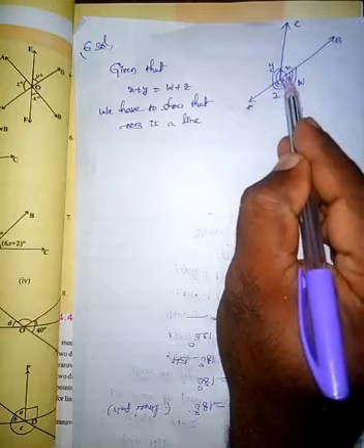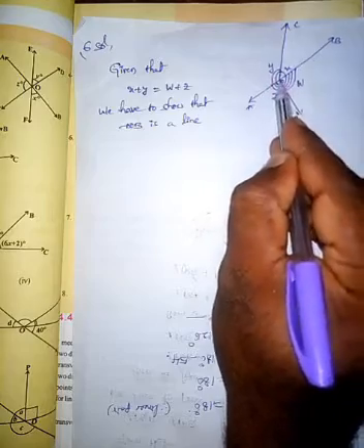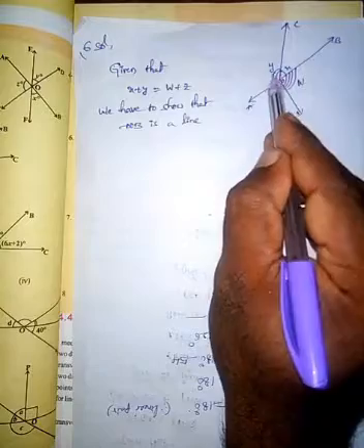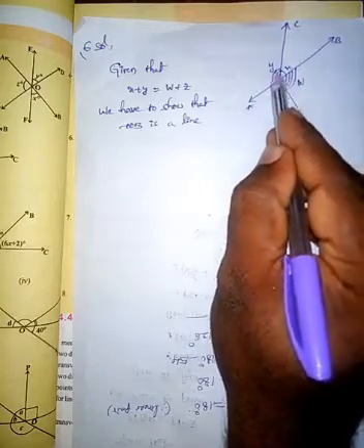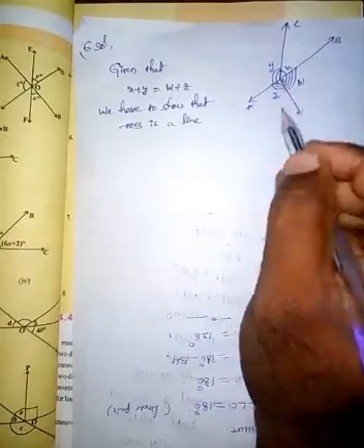Children, if you observe this, here there is a point O, and these four angles formed around the point O. Sum of these four angles gives a complete angle. So complete angle means 360 degrees.